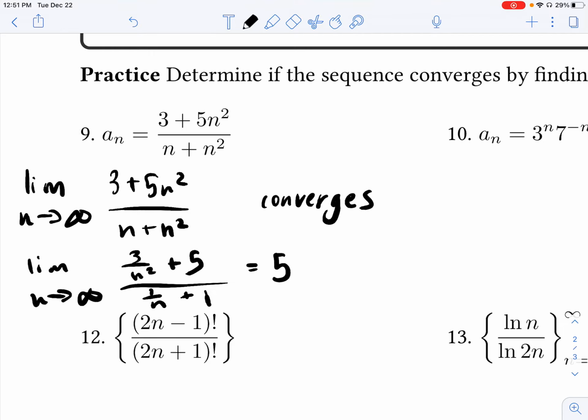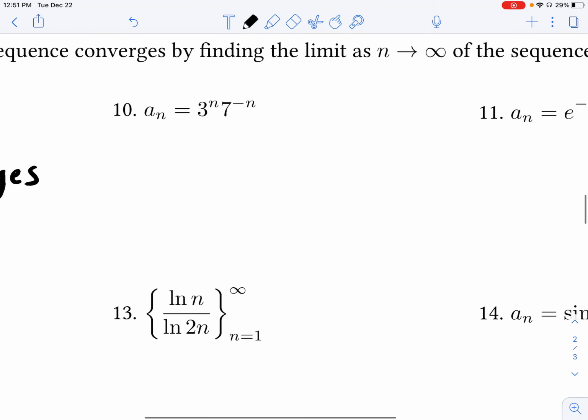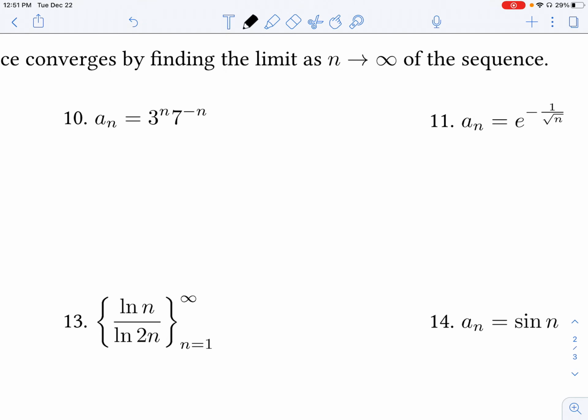Okay. Let's look at another one. Let's look at number 10 here. So we're going to look at the limit of this as n approaches infinity. And I'm going to rewrite this because it'll help me see the limit a little bit more easily. So we've got the limit of the function 3 to the n over 7 to the n.